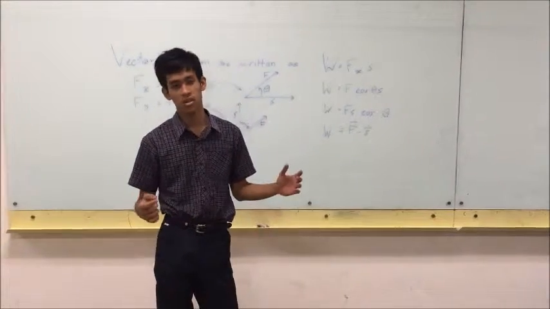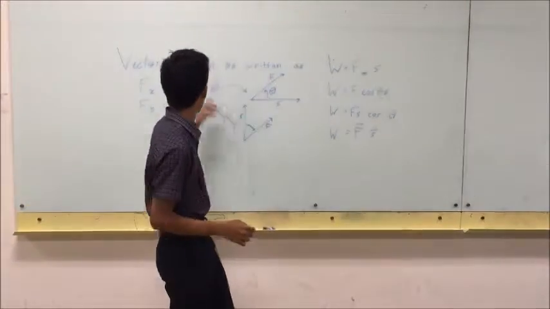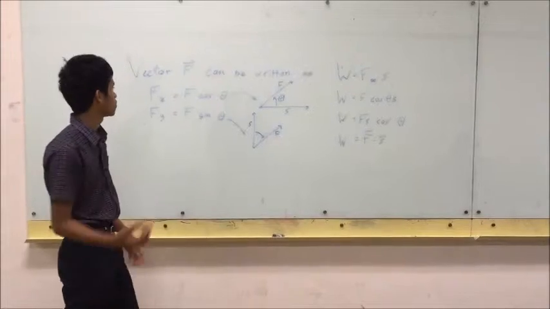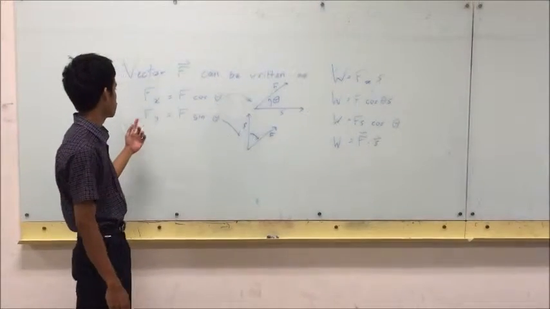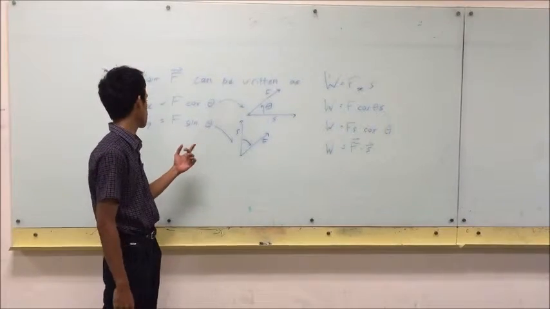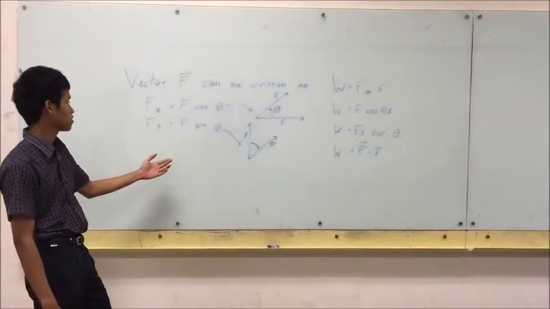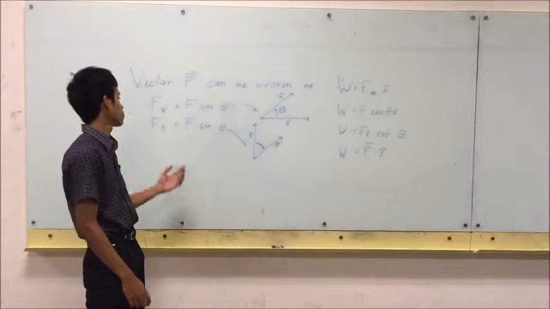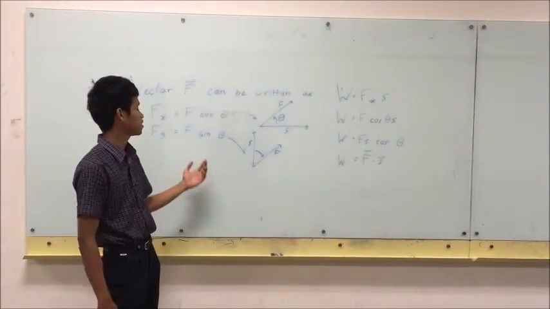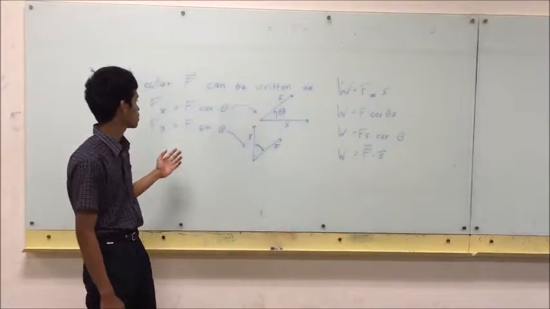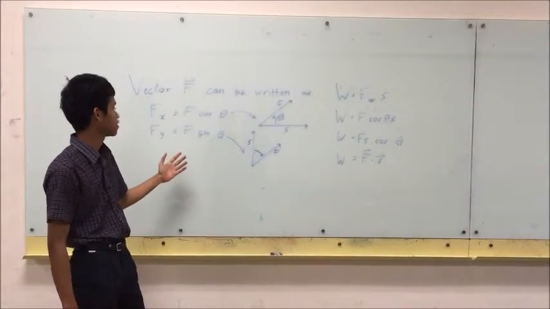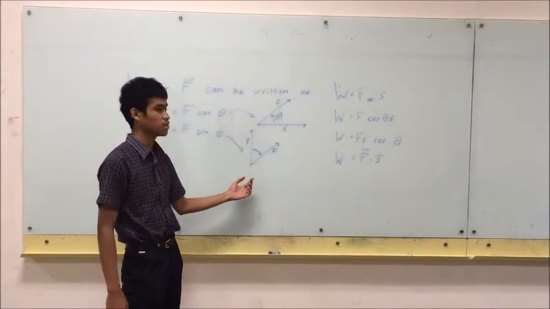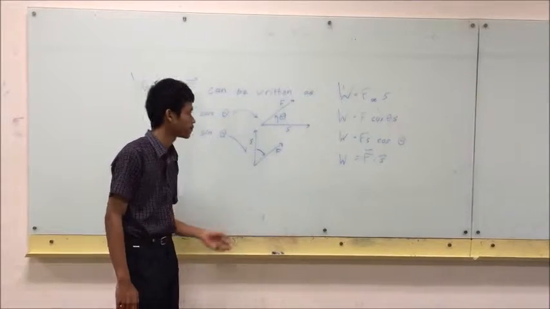We can use the dot product. Vector F can be written as Fx equals F cos theta and Fy equals F sin theta, where Fx is the horizontal component of vector F, while Fy is the vertical component of vector F.